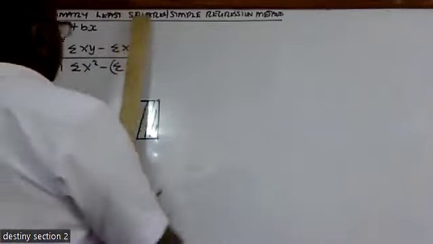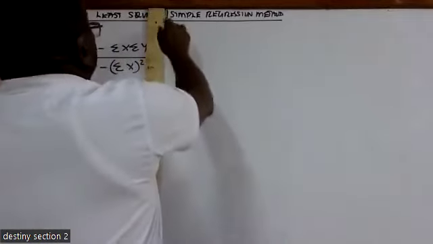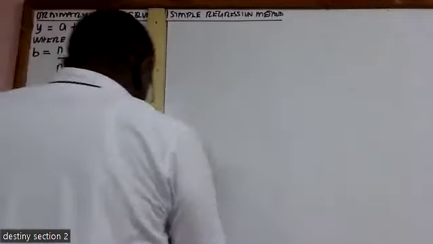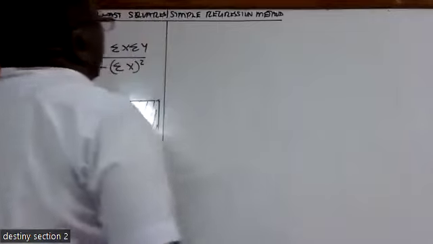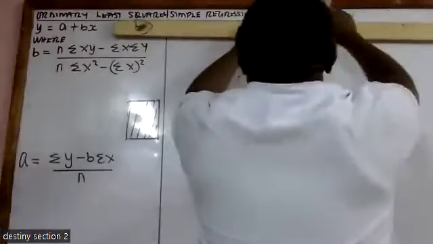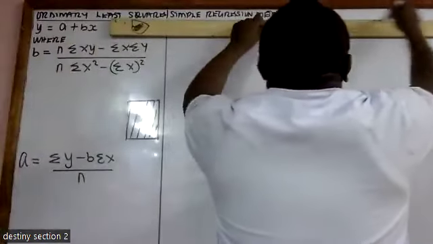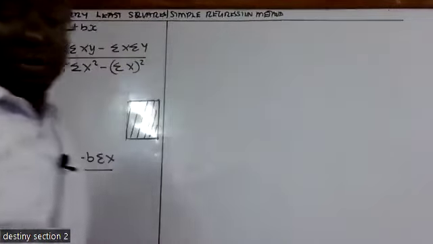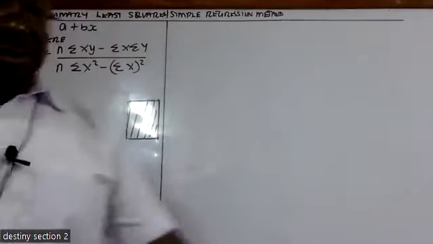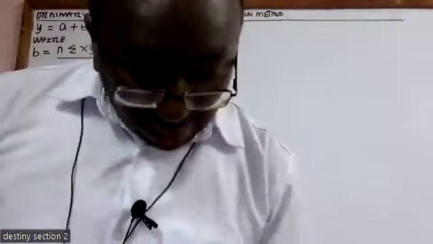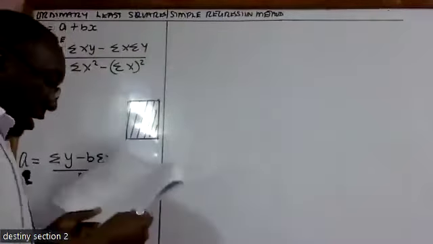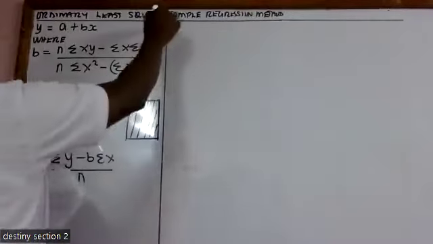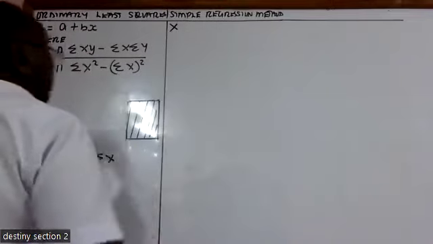So with that, we need to prepare an analysis table. The analysis table has 4 columns. It has a column for X, that is the machine hours.